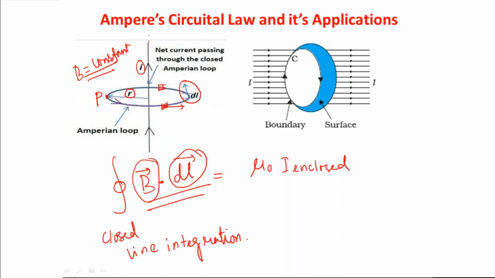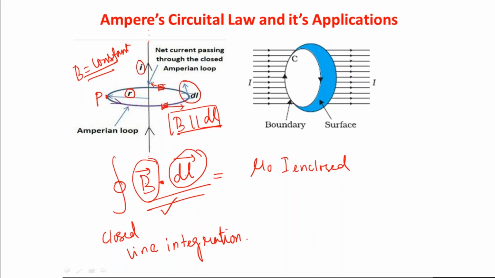If you take another small element here, the direction of this element will be like this, towards the tangent. So you can see that B and this dl are parallel to each other. Otherwise, this integration is a dot product, so you will not get any value if B and dl are perpendicular to each other.